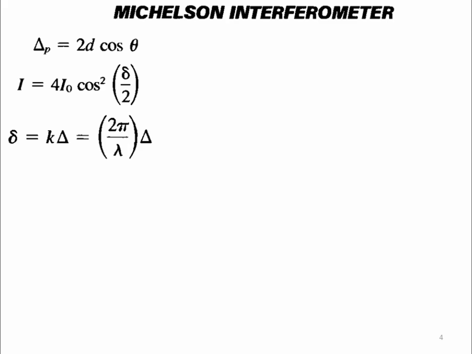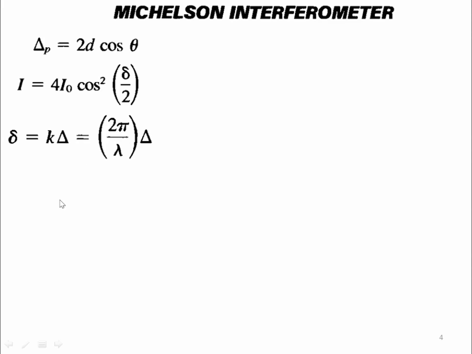And now if we have to find out delta corresponding to this path difference, or say suppose any path difference, say delta in general, then this phase difference should be k times the path difference, where k is the wave vector. This can be followed quite simple.